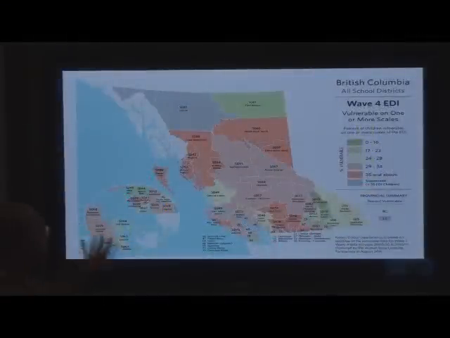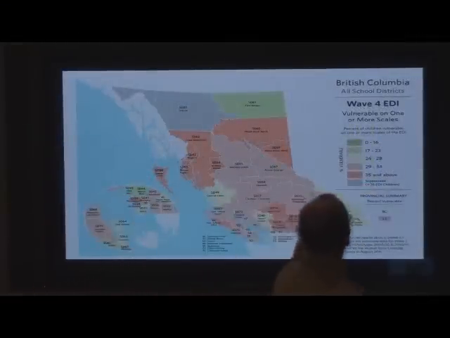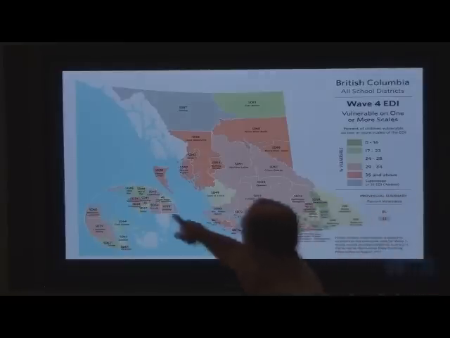And so we have across the province one school district in this latest wave where less than about 16% of the kids were vulnerable on one or more scales of the EDI. Several, you can see out here and over here and there, were in the 17 to 23 range. Another bunch were 24 to 28, light red color 29 to 34, and the reddish color 35% and above.